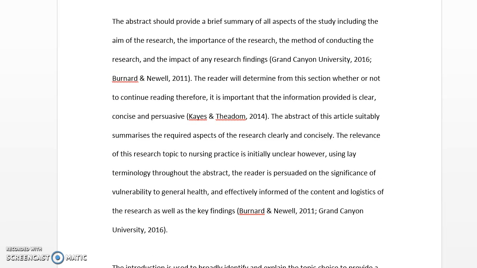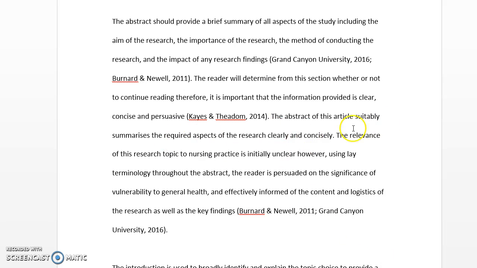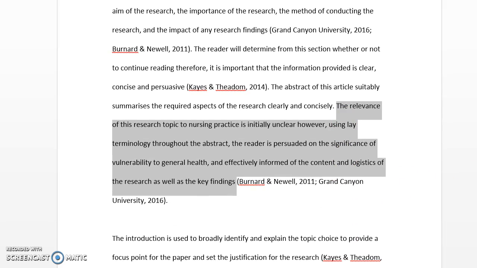Okay, so the student goes on to tell us what should be in the abstract, and then, like, here's the section on what should be there. Here's the section of what is there. Okay, and she's done a nice job there. What she does is that, and actually this sentence here is a critique. What she's done there is she said to us, The relevance of this research topic to nursing practice is initially unclear.